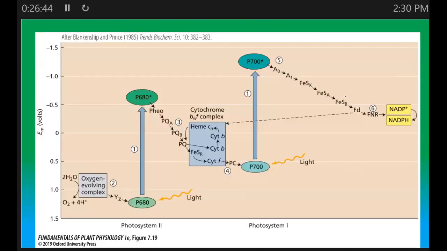This is another way to look at what we just looked at in more detail. So they put it on an energy scale again. Anytime you see negative values on this kind of energy scale, that means it's excited, and in this case we're going to see the electrons getting donated off quite readily to the acceptor molecules.